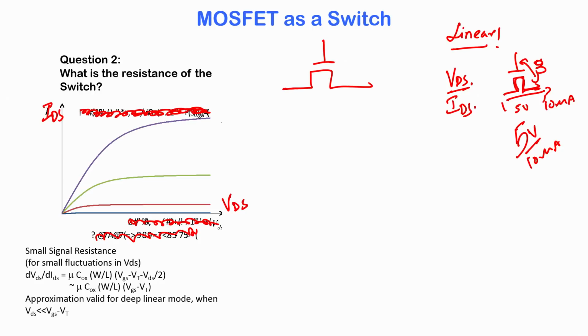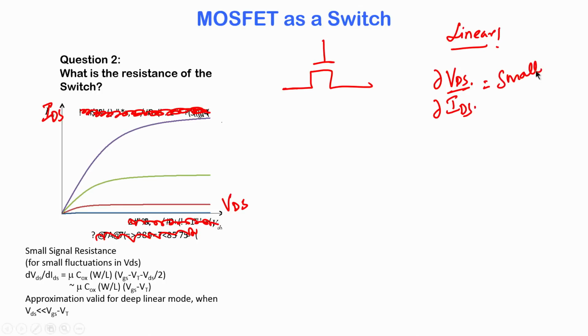But that is not what we are talking about, because that is the large signal behavior of the MOSFET, and that is non-linear behavior. So it is really not appropriate to define a resistance there. What we are interested in is the small signal resistance, for a small fluctuation.